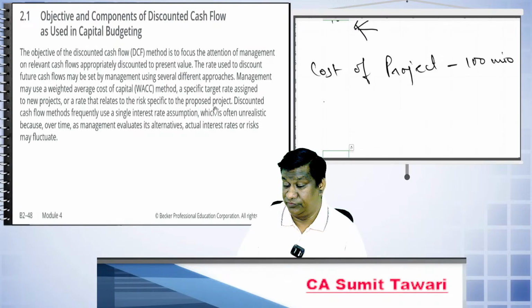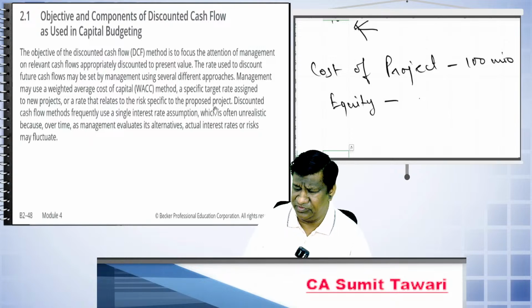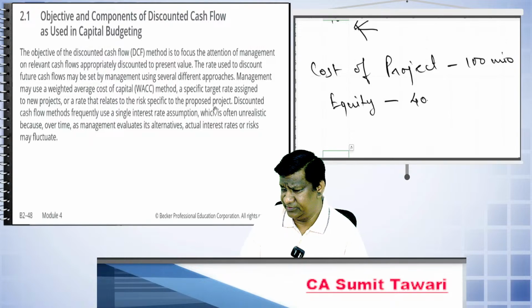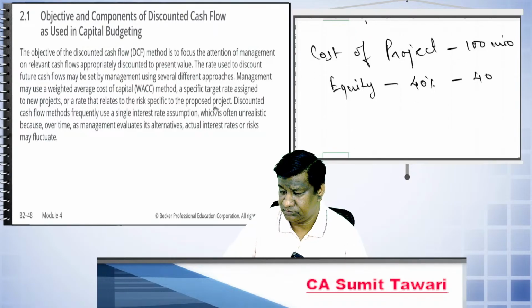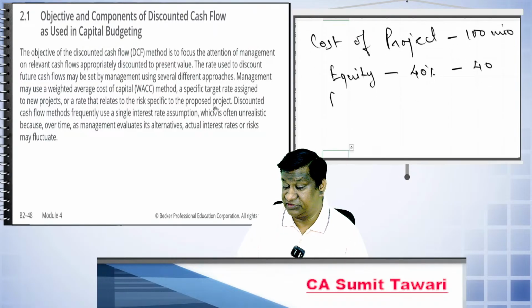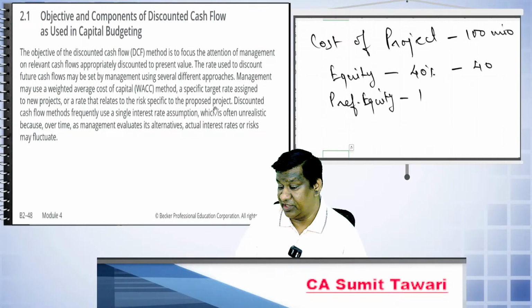Okay, so first equity, which is generally the highest or minimum 40% you can say, or 40 million. Then preference equity, which is basically the 10%, 10 million.